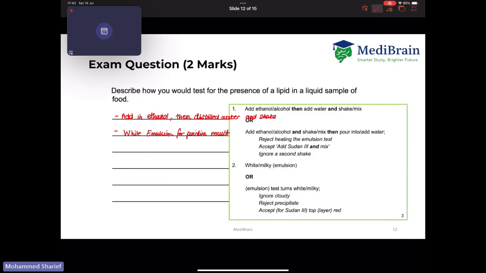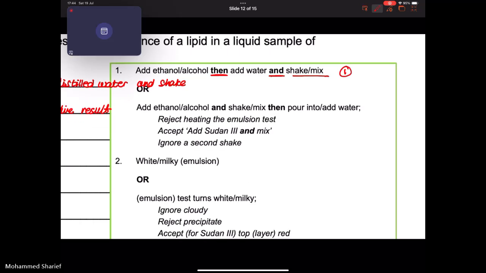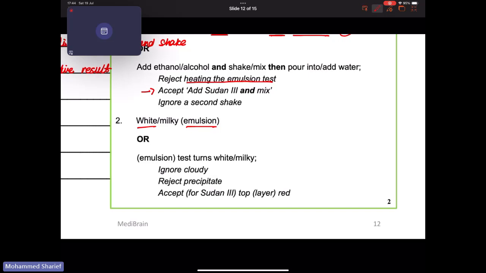Okay, here's the mark scheme. So you need to add in ethanol, then water, and shake and mix. You need all these points to secure 1 mark. It says reject heating, the emulsion test. You could have added Sudan 3 and mix, because this was a concept we looked at at GCSE. And then white emulsion. You could say emulsion turns white or milky. It was allowing milky in this case, but in some mark schemes it won't allow it.